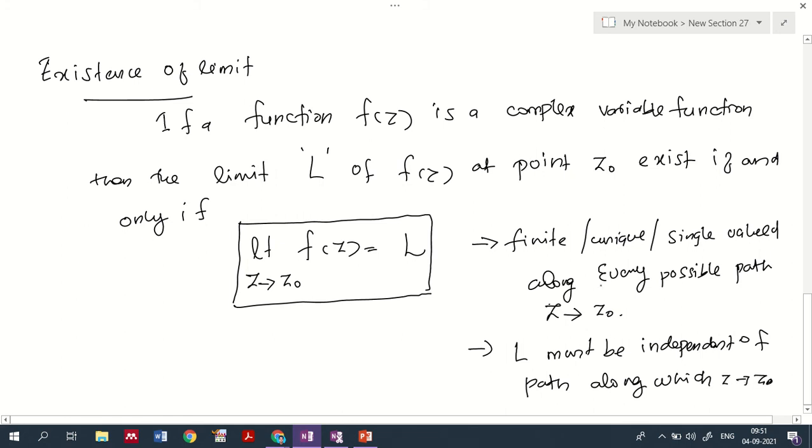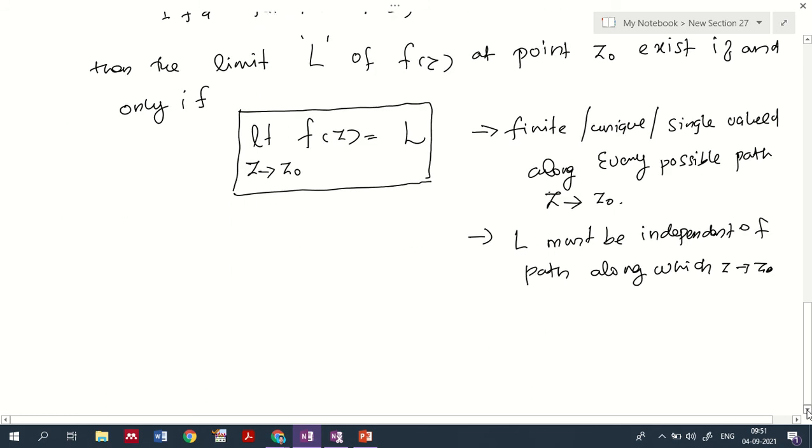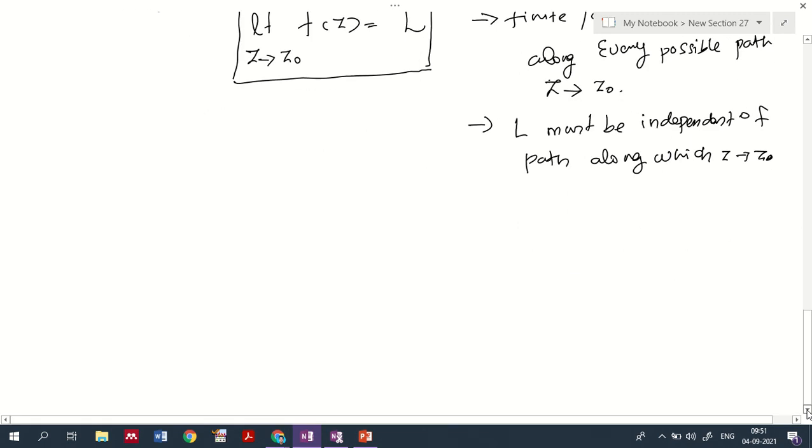So in all cases you should have this representation in order to check whether the limit exists or not. Let me go through an example, then you will understand how we verify whether the limit exists. Just note down: limit z tends to z0, f of z should be equal to L.